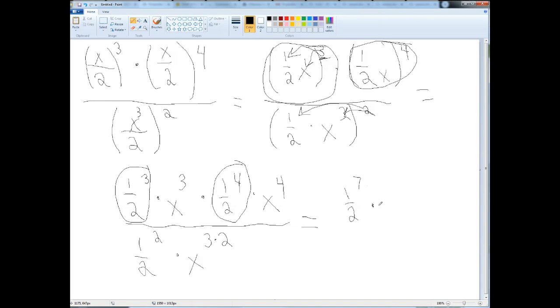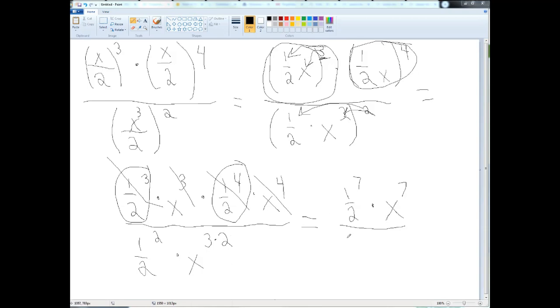Okay. And then we can do the same thing with the x's. We have x to the power of 3 times x to the power of 4 left up at top. We're going to go ahead and just combine those into x to the power of 7. Okay, so we did everything. We did those two, and then we did those two. And then down on the bottom, let's see what we can do with this.